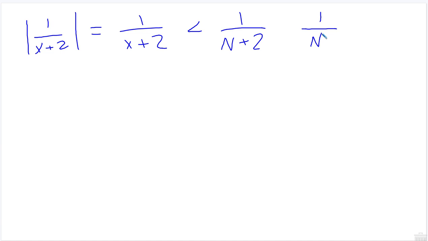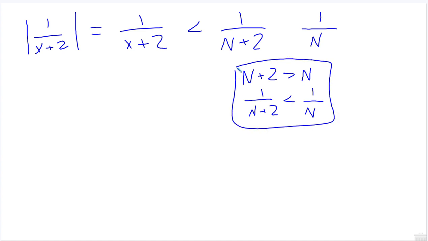We know that n plus 2 is greater than n. If n plus 2 is greater than n, then 1 over n plus 2 must be less than 1 over n. True? Definitely.